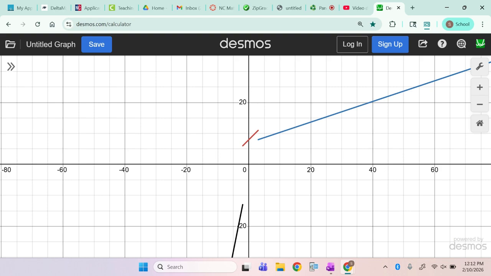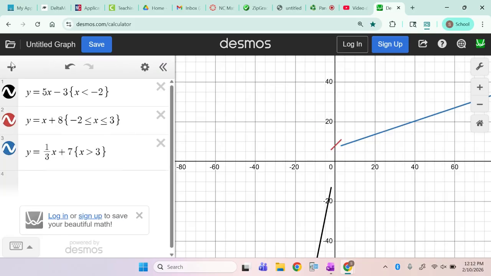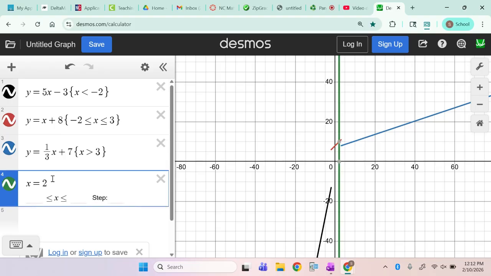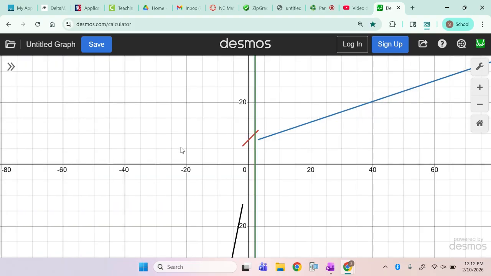Well, let's see. So let's go back to my Desmos, and I'm going to actually type in x equals 2. Where does that straight line cross? Red. All right, so that means I'm using the second function.